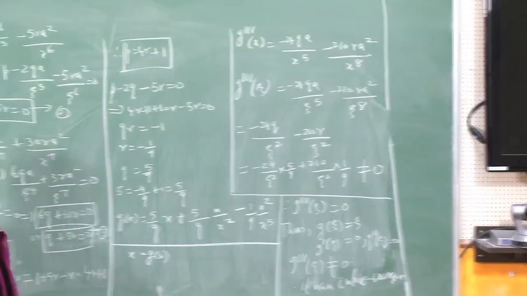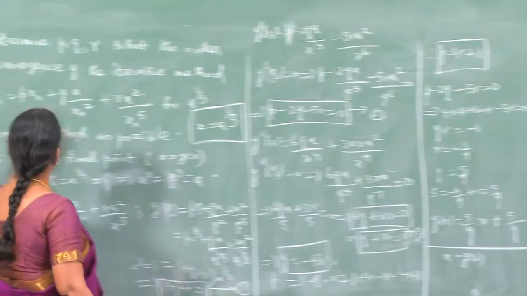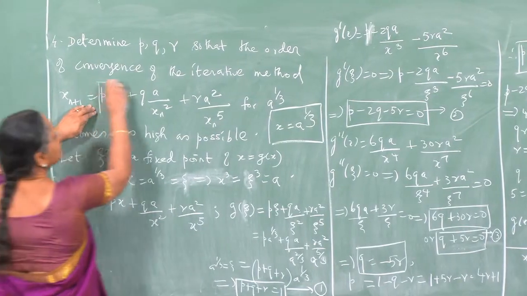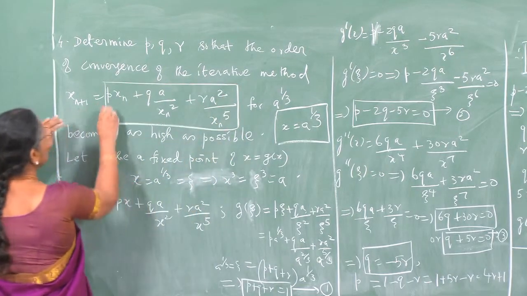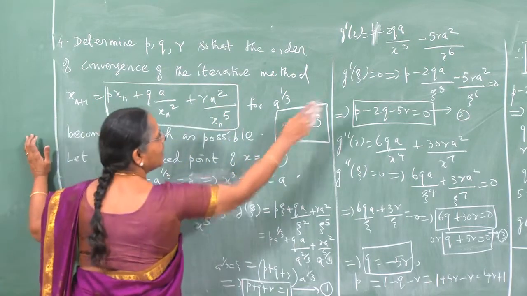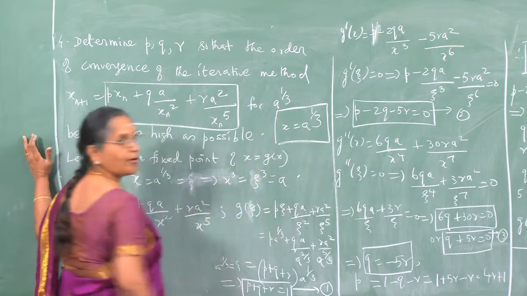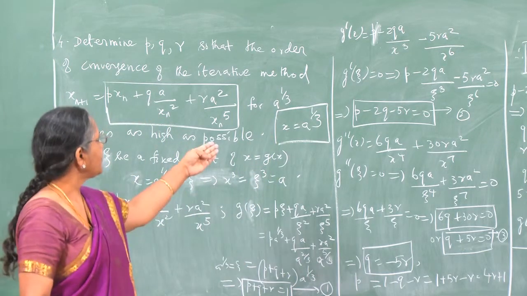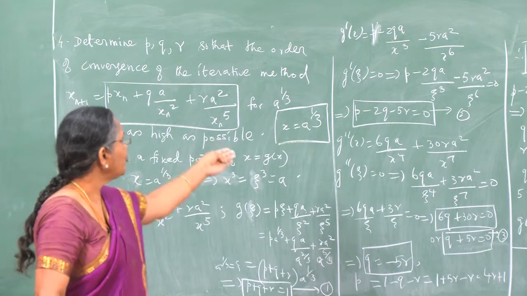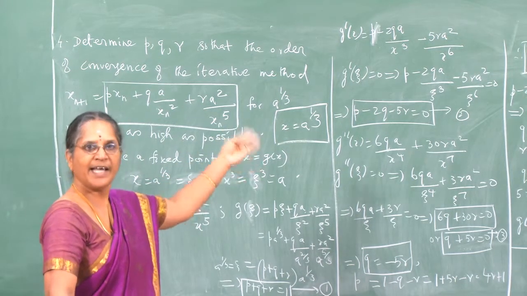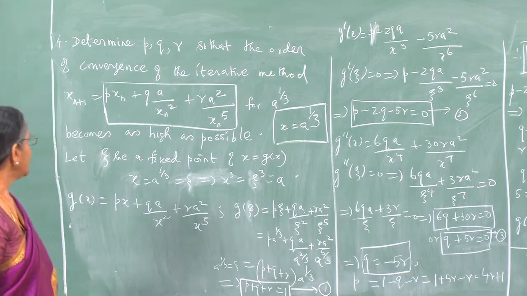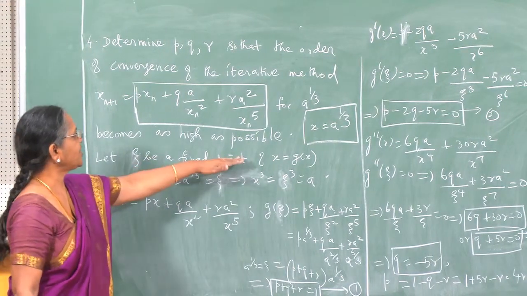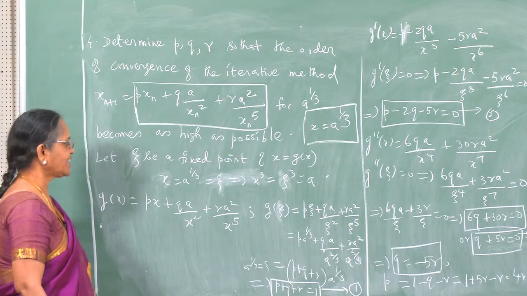So, we observe that we have a fixed point iteration of the form x is equal to g of x for solving the equation x is equal to a to the power of 1 by 3, namely for determining a cube root of a number a. So, let us assume that psi is a fixed point of x is equal to g of x.